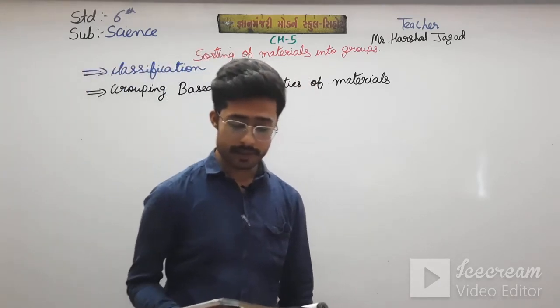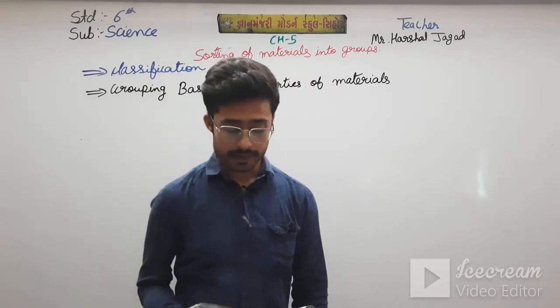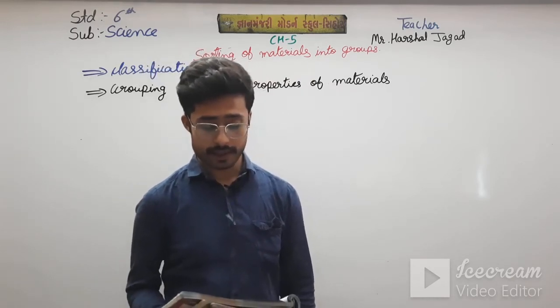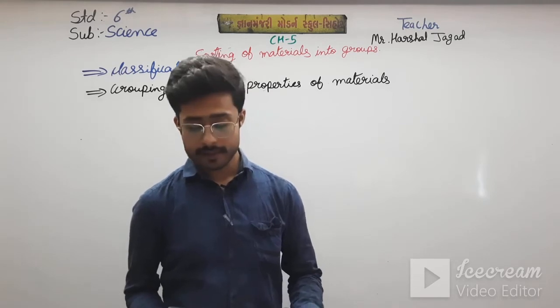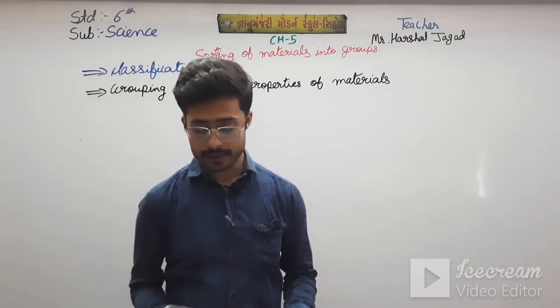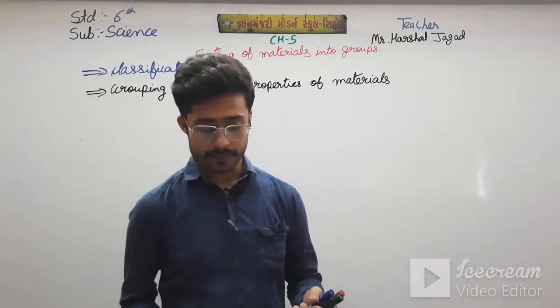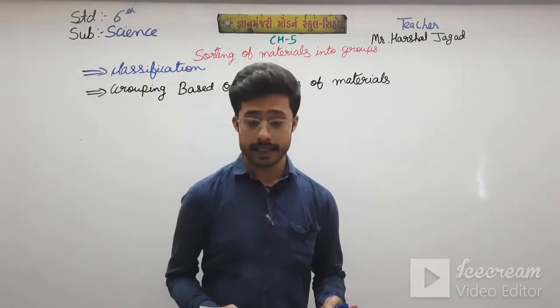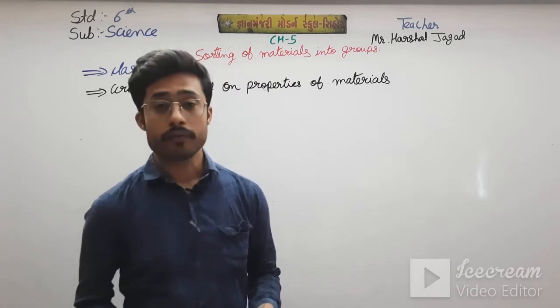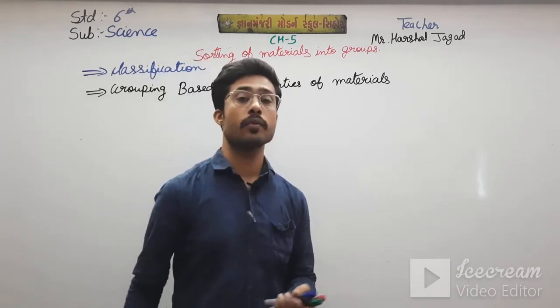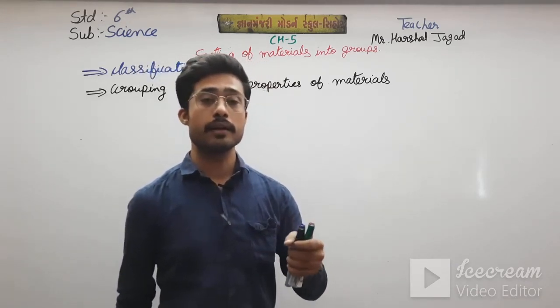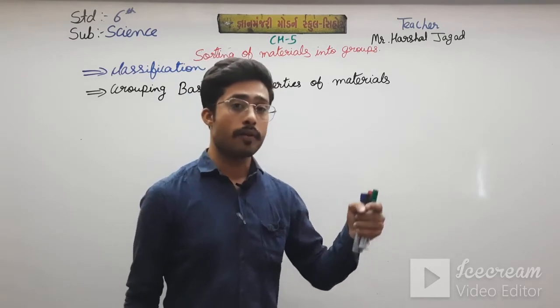In this chapter we will learn about ways of grouping things on material based on characteristics such as roughness, luster, transparency, solubility, flotation, attraction towards a magnet, conduction of heat and conduction of electricity. So in that we have to classify the materials into different forms on the basis of what?